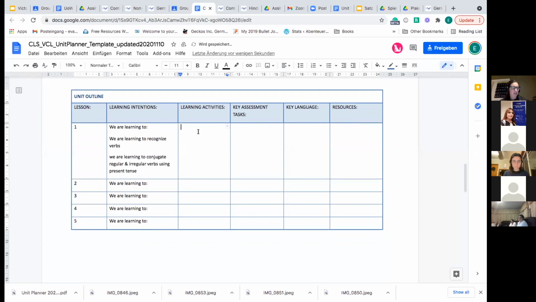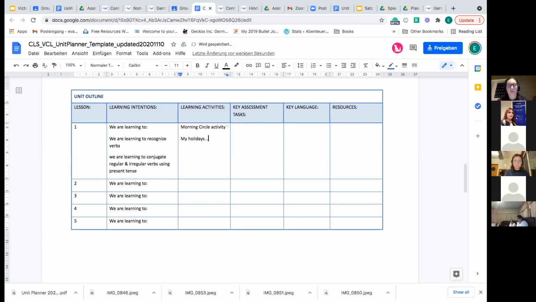Yeah, and then we start with our learning activities. I like to have a structure, so we have a morning circle activity, and that will be that we sit in a circle and we will talk about a past activity. So, for example, because it's the start of the term, we talk about my holidays.